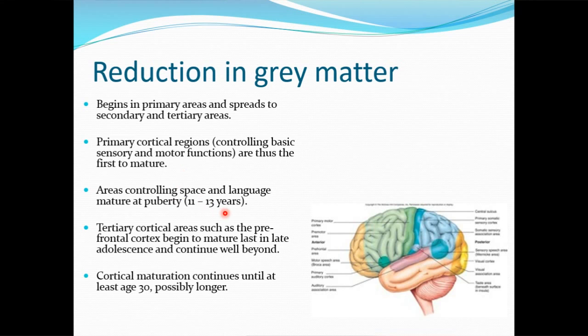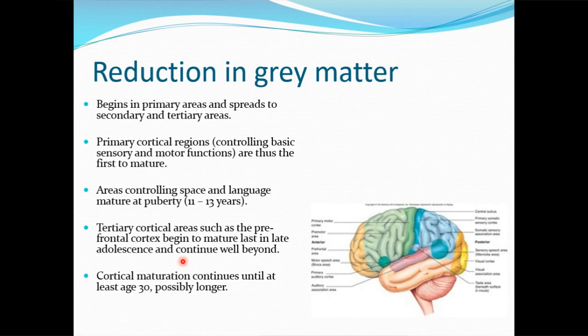Areas controlling space and language mature at puberty between about 11 and 13 years. So if you're testing a child that's beyond the age of 13, their spatial and language function should be about as good as they're going to be. I'm not talking about language learned, I'm talking about language ability. Tertiary cortical areas, such as the prefrontal cortex, begin to mature last in late adolescence and continue well beyond.